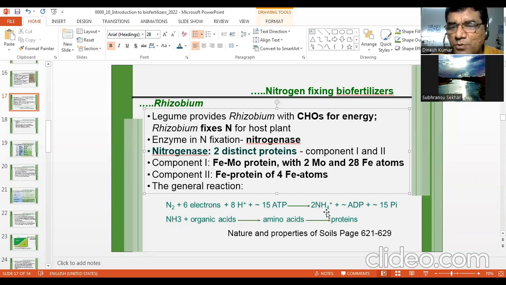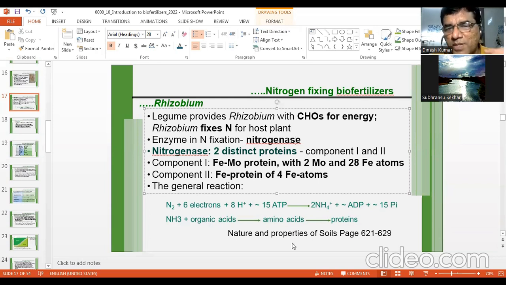And then ammonia, 2NH4, is synthesized and ATP is converted to ADP and inorganic phosphate. So you can see this ammonium or ammonia produced is reacting with organic acid and it makes simple amino acids which can be converted to proteins. So this is how nitrogen fixation happens.